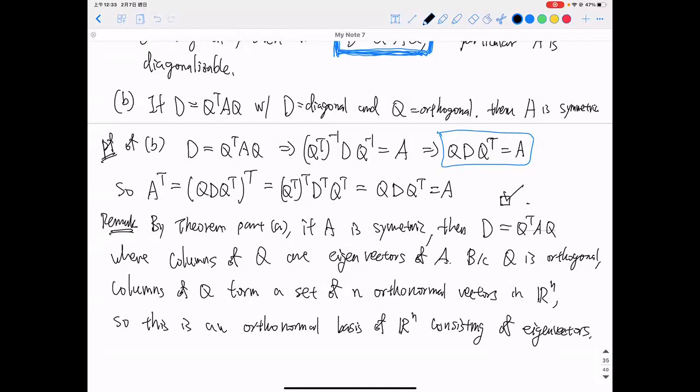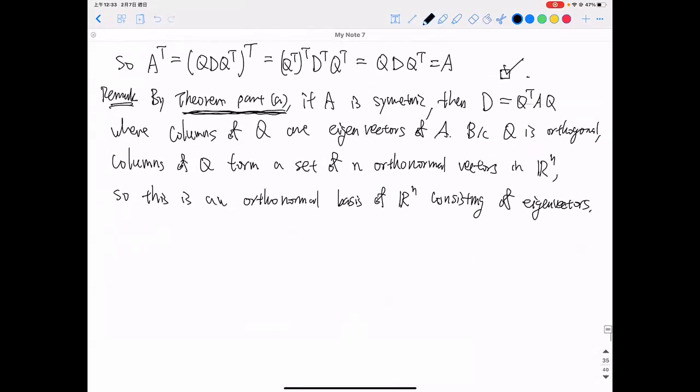Okay, so that's what we can do. If you have a symmetric matrix with real entries, you're guaranteed by some theorem that we didn't prove that it is diagonalizable. And in fact, you can find an orthonormal basis of Rn consisting of eigenvectors. Okay.